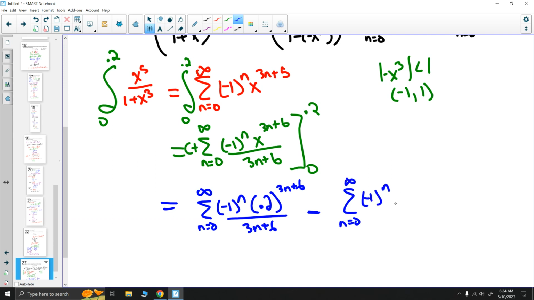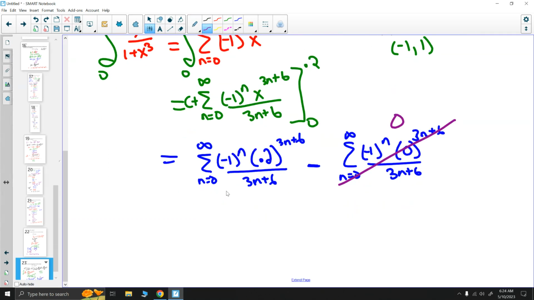We're plugging in 0 for x here, so 0 to the 3n plus 6, over 3n plus 6. Now, same thing as before with this 0 here, it's always going to be 0. So when n is 0, that'd be 0 to the 6, it's 0, so that's just 0. So we're really looking at this thing here.